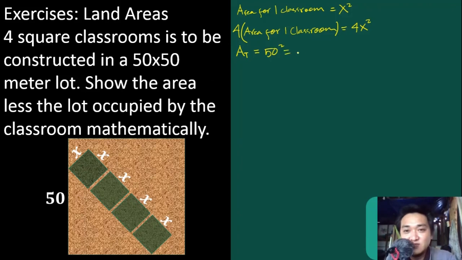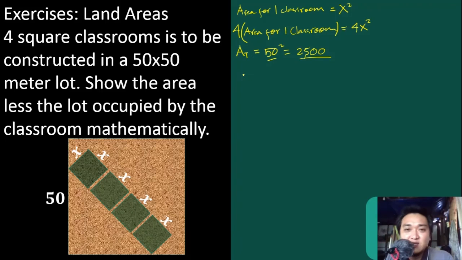That is also the same as 5 times 5, 25, and 50 has one zero each, so you add 2 zeros, which is equivalent to 2,500 square meters or square units. Now, instead of using 2,500, we will make use of 50 squared so that we can better see the mathematical representation. We can use 2,500, but it will be more convenient if we use 50 squared.